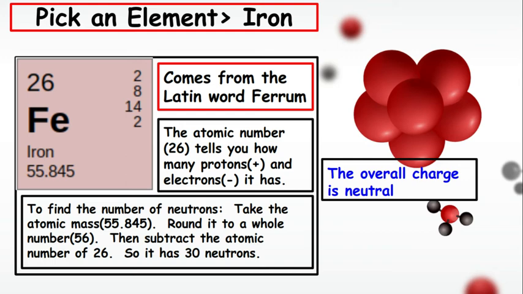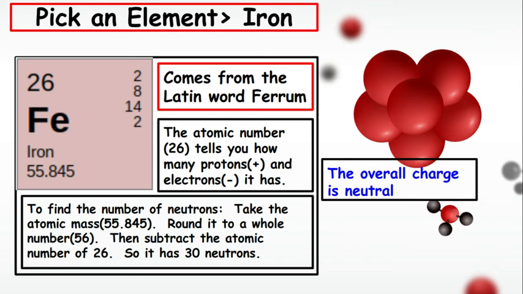That's where we get the Fe from. The atomic number, as I mentioned, is 26. And that number, 26, in the upper left hand corner of every element, is the atomic number. It's the number that appears on the periodic table.